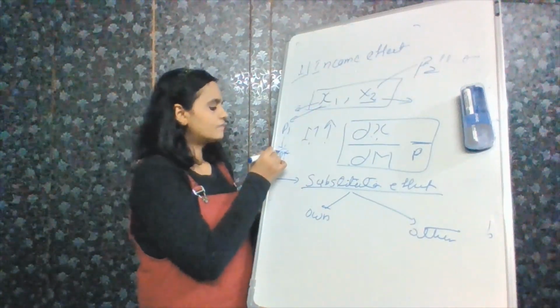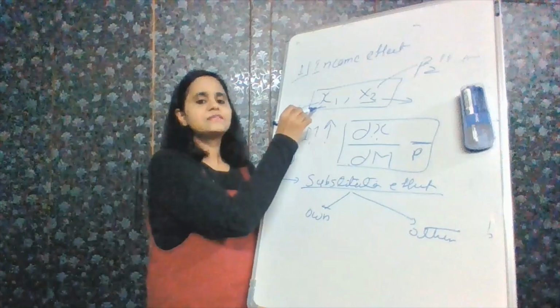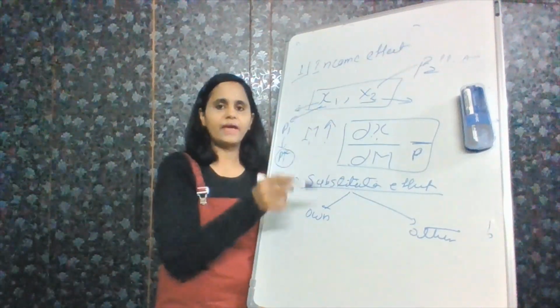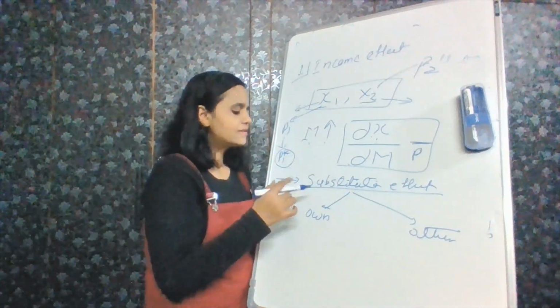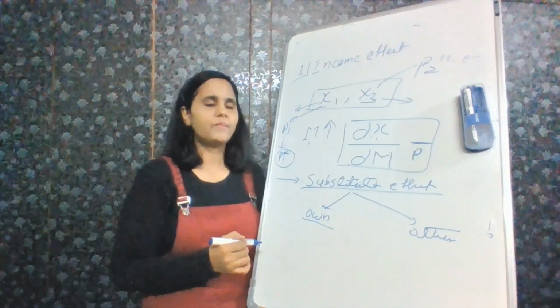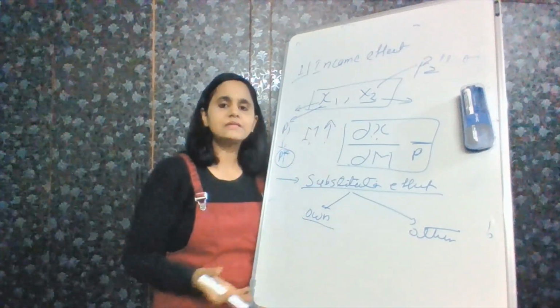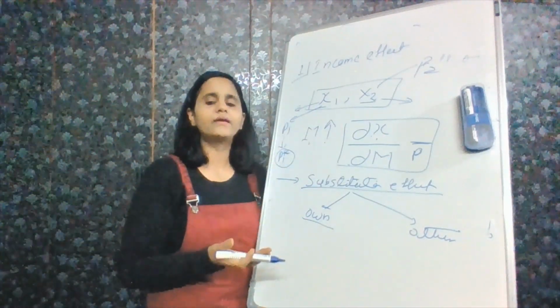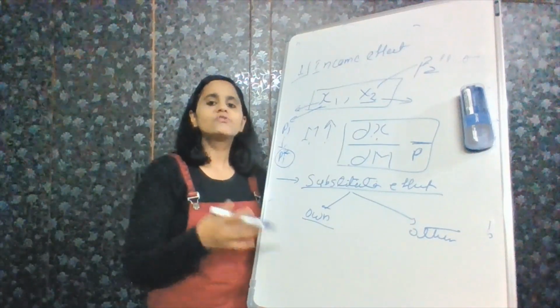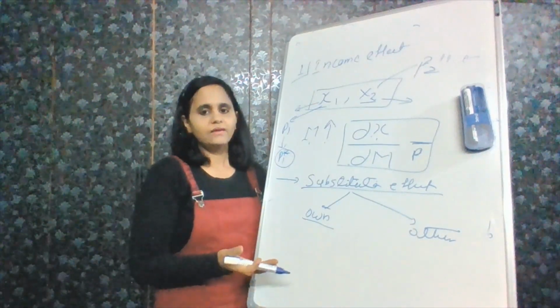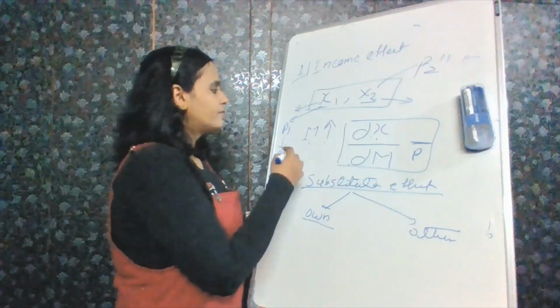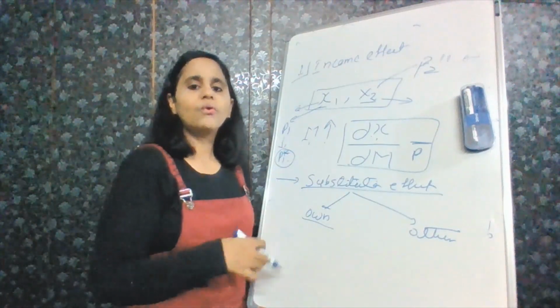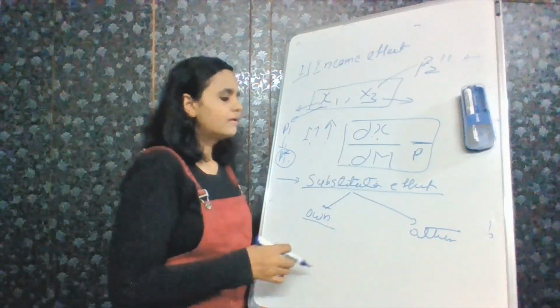Because of this, the change in consumption of X1 is called the own substitution effect. Consider you were consuming 10 units earlier, and because of the price change you started consuming 15 units. So you are substituting 10 by 15 units, and that is your own substitution effect.